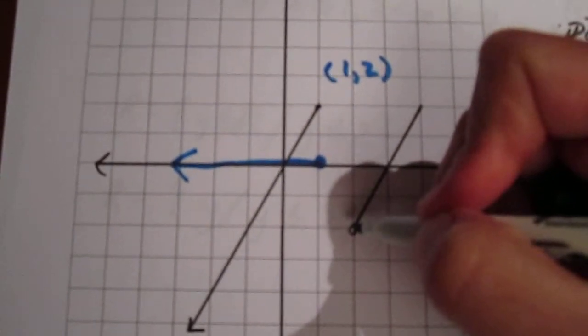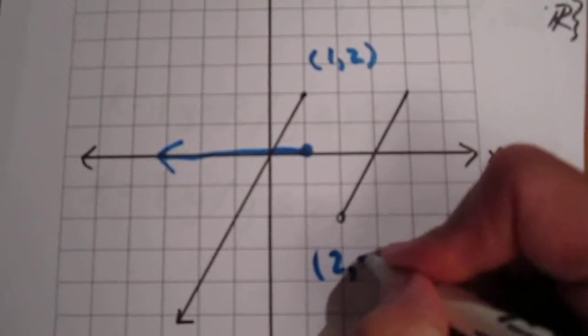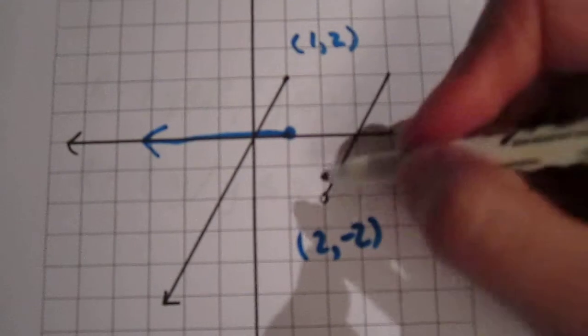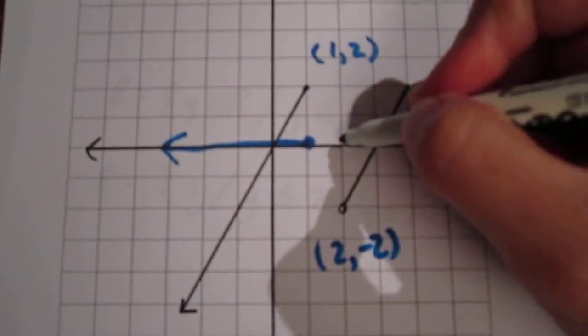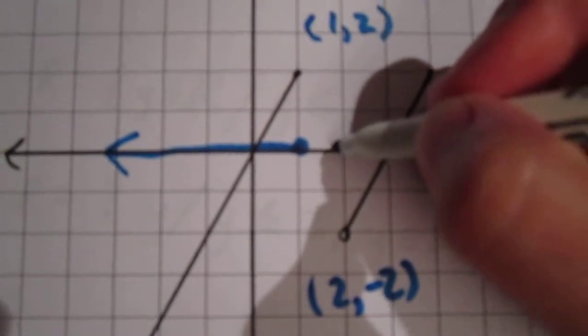We see that this, which appears to be the point (2, -2), corresponds to an x value of 2. However, we're going to put an open circle there because there's an open circle on the original curve.